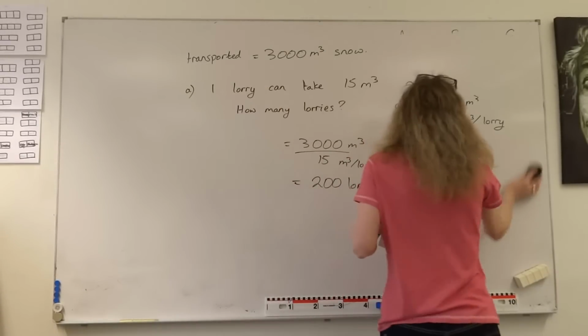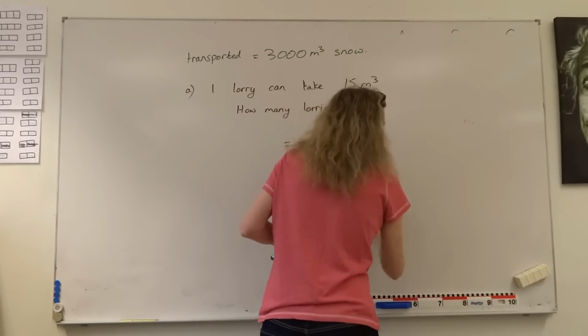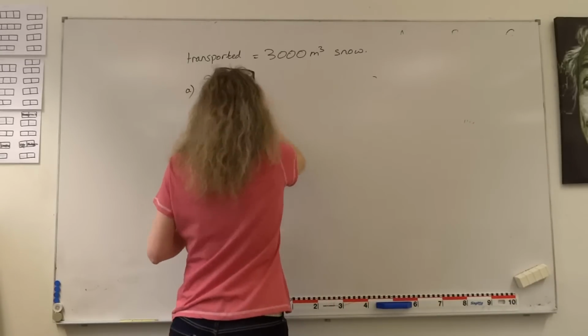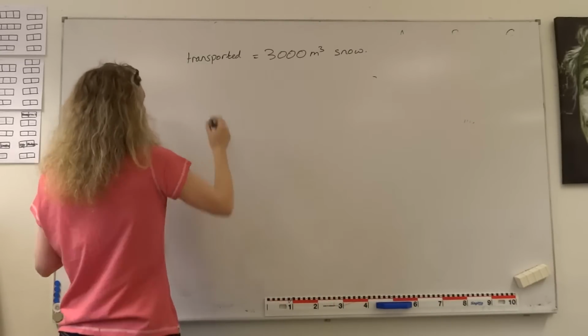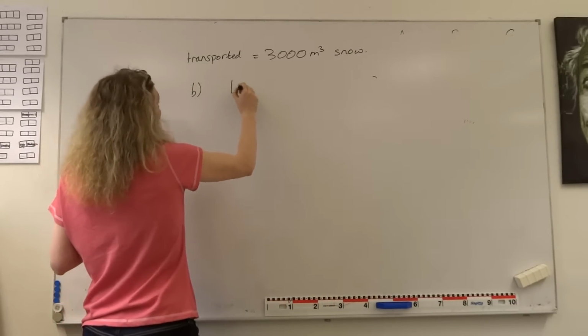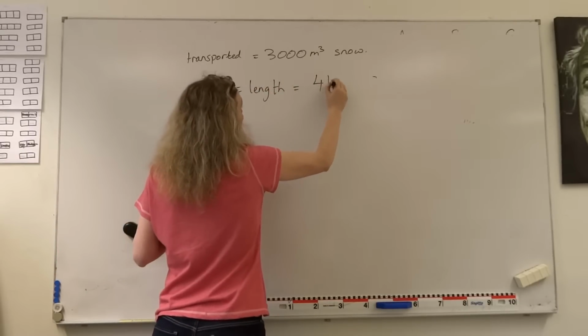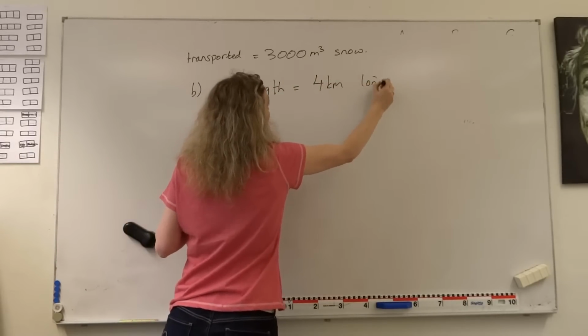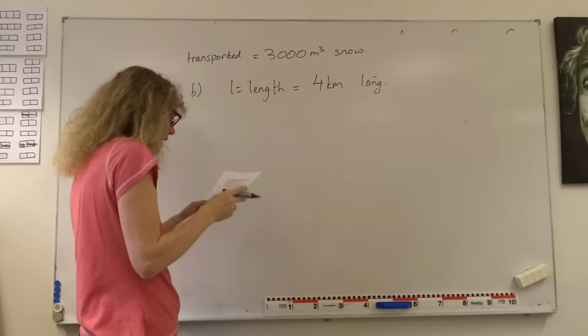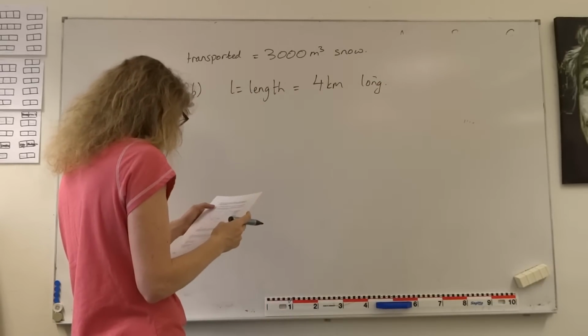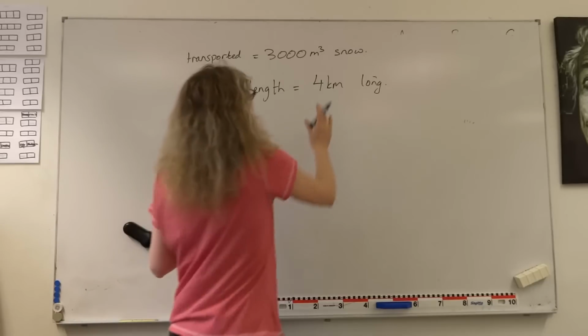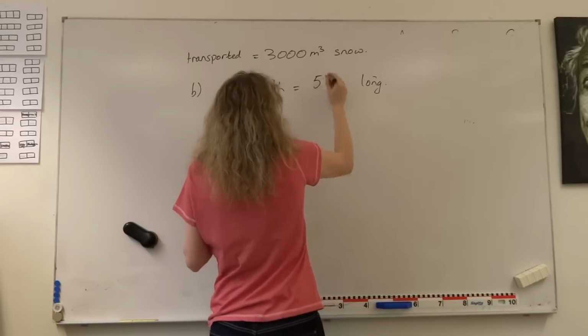Then they said, right, giving you the dimensions of the track here. The track is L equals length, 5 kilometers long, sorry, it was 5 kilometers long.